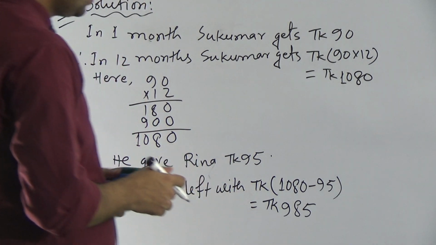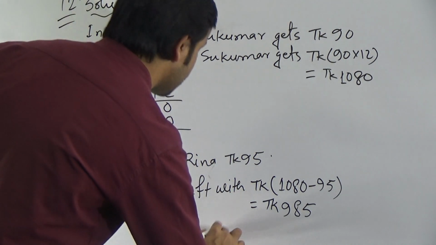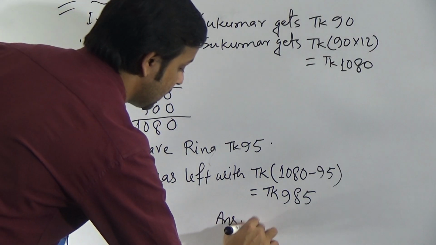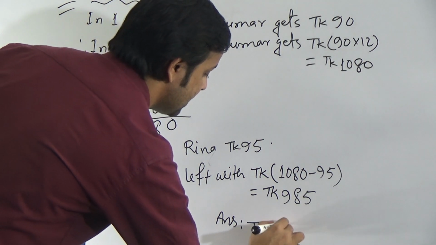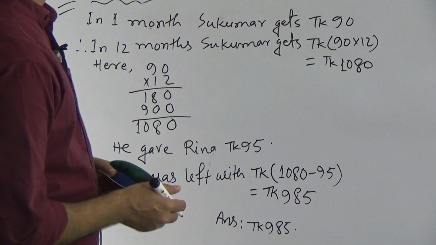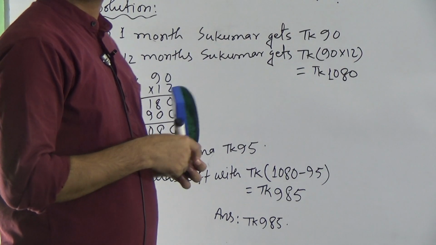So this is our answer for question 12. Taka 985. It means that 985 taka will remain with Shukumar.